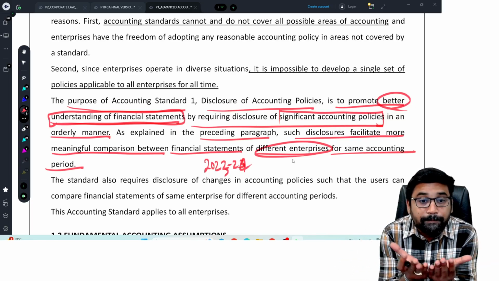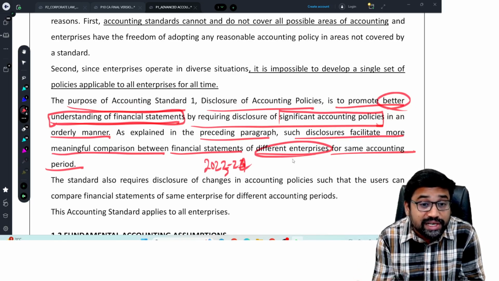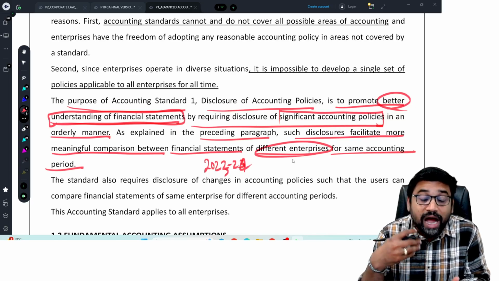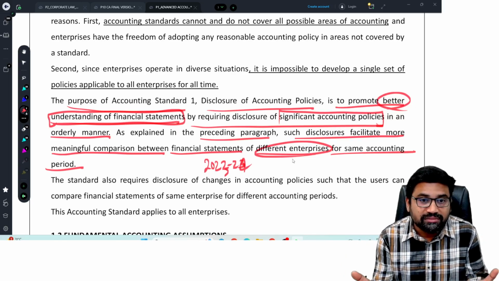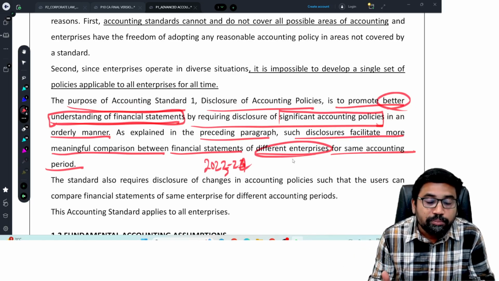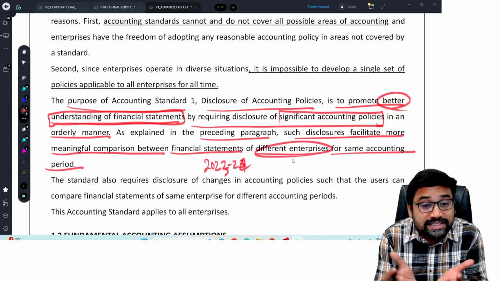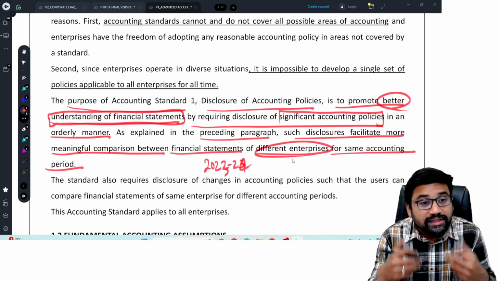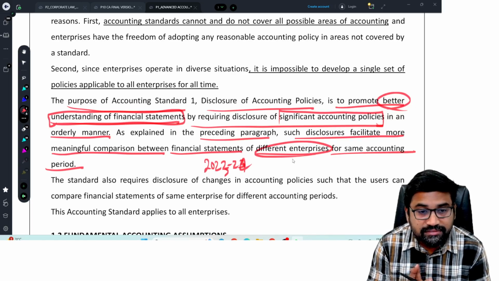Now, when I compare, the comparison should give me meaningful results. That is possible only if I am able to understand the differences in accounting principles and methods we follow. Suppose I follow one method and my competitor followed another method, then without understanding the differences, if I compare, it will definitely give wrong results.